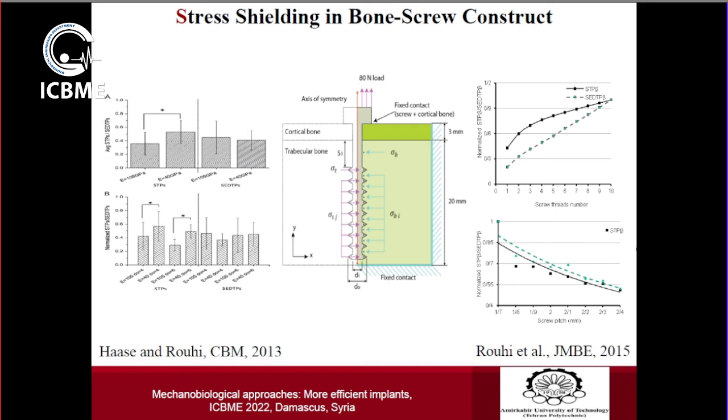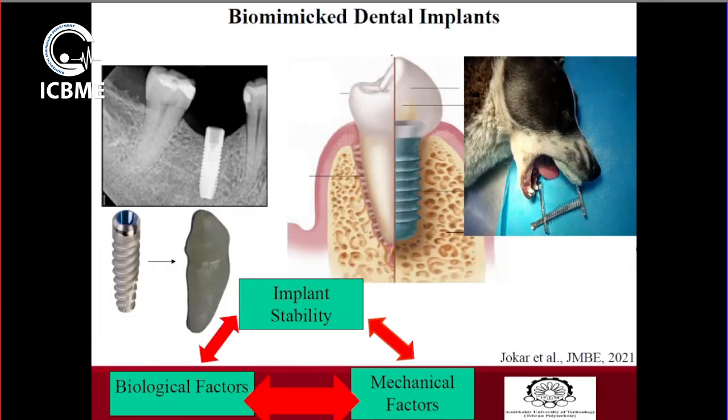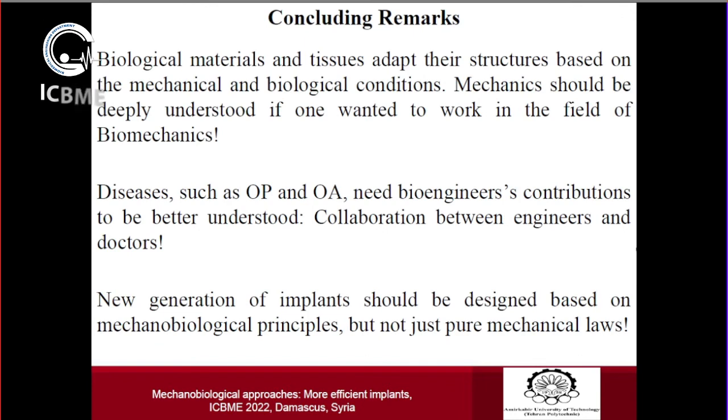Biological materials and tissues adapt their structures based on the mechanical and biological conditions. So we have to understand mechanics as well as biology in order to be able to find solutions for problems such as osteoporosis and osteoarthritis.